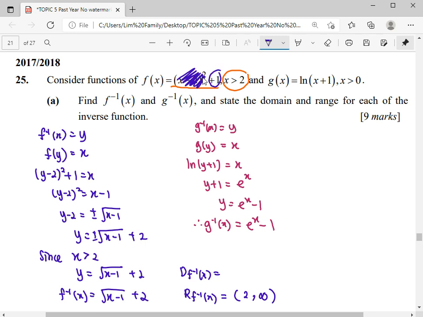And then this quadratic is a positive quadratic. So that means the range of the function will be 1 to infinity. So this is how we find our domain and range of the inverse function based on the original function.